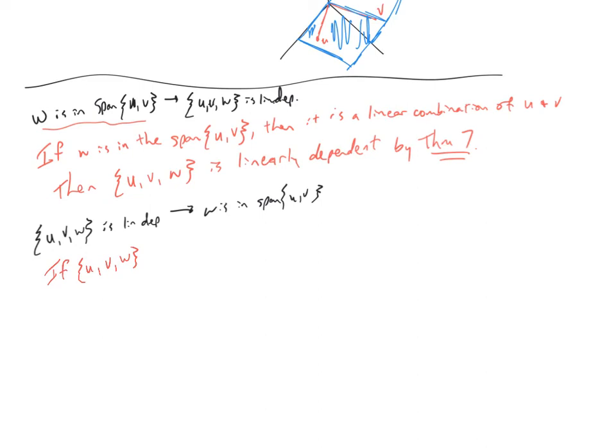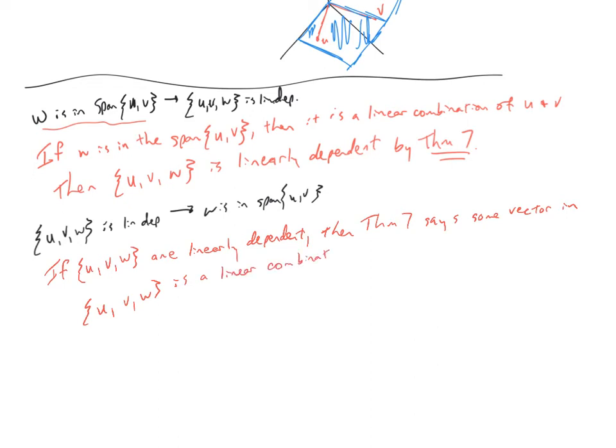But if they are linearly dependent, then Theorem 7, so we're using Theorem 7 again, says some vector in the set u, v, w is a linear combination of the other vectors.